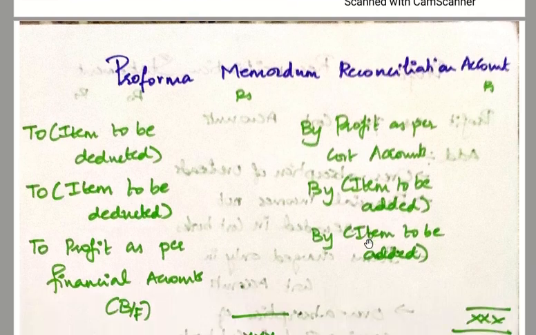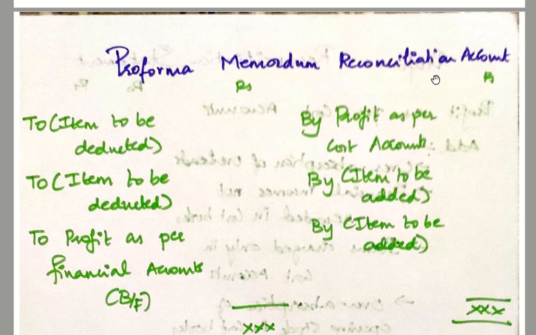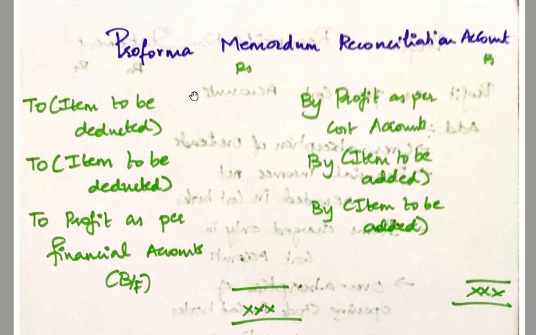So the reconciliation statement, this is a pro forma of the memorandum reconciliation statement. We always start with profit as per cost account or loss as per financial or cost accounts.